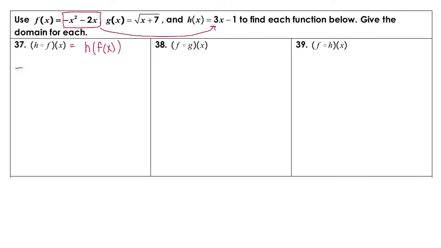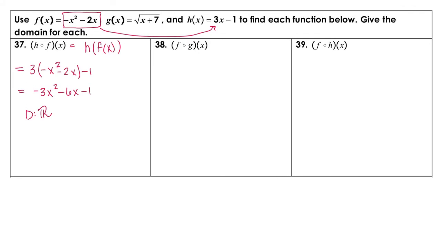So we're going to have 3 times, and let's see, f at x is negative x squared minus 2x. So there's the first part, 3x, and then it's minus 1. We need to do our distributive property here, and then bring down negative 1. And that's about all we can do for that. As far as our domain, since this is a polynomial, it's going to be all real numbers.